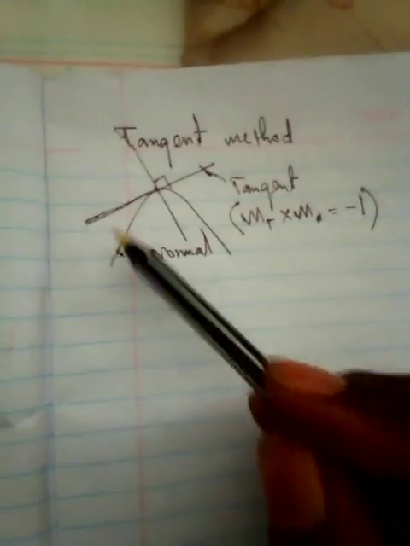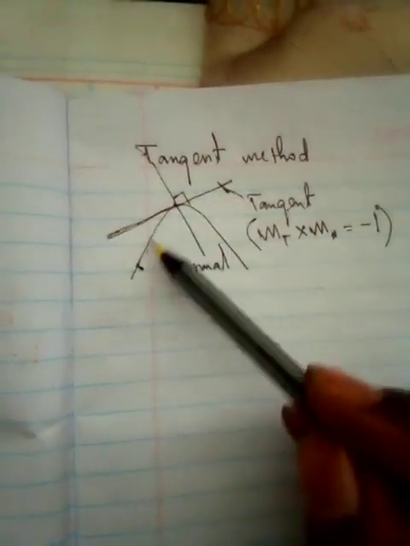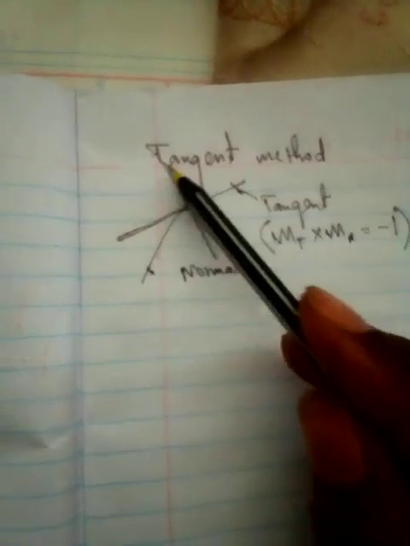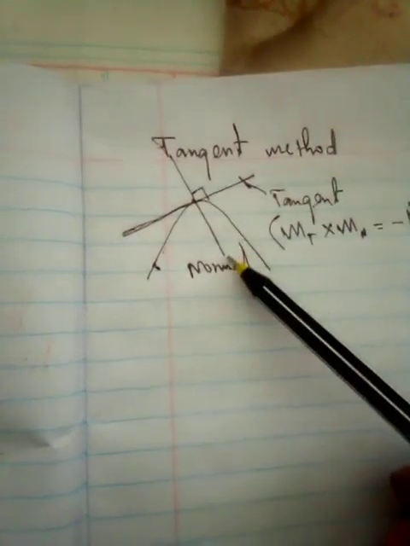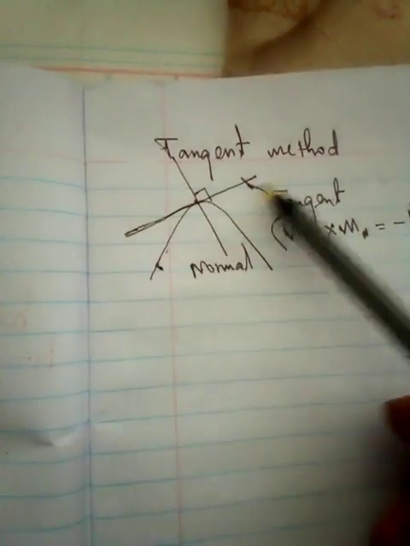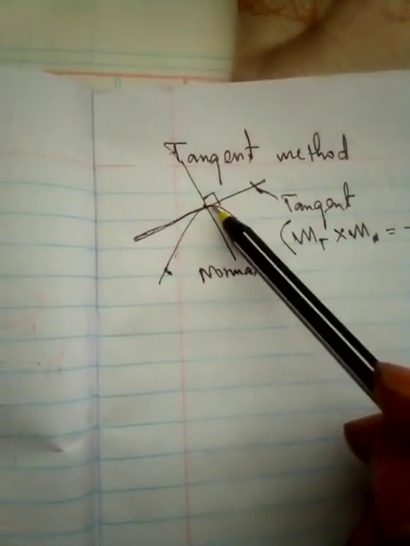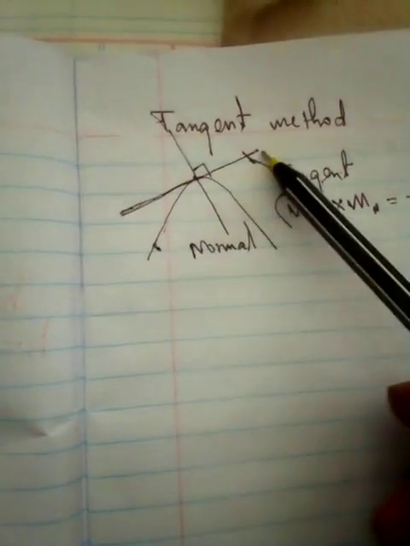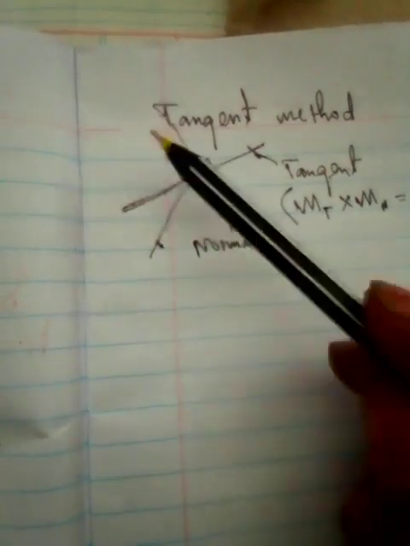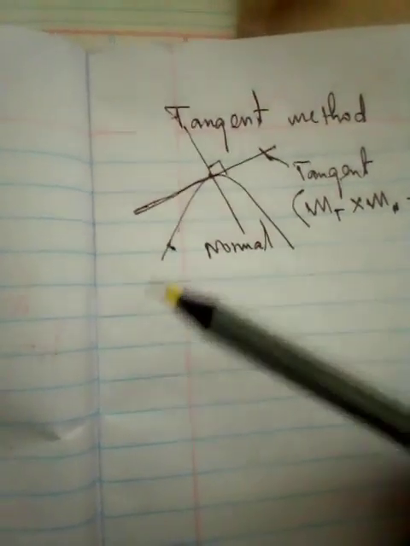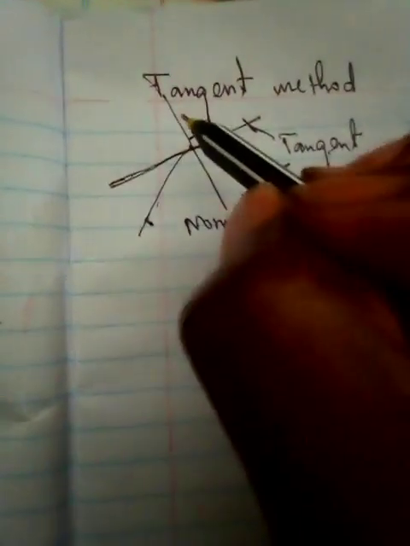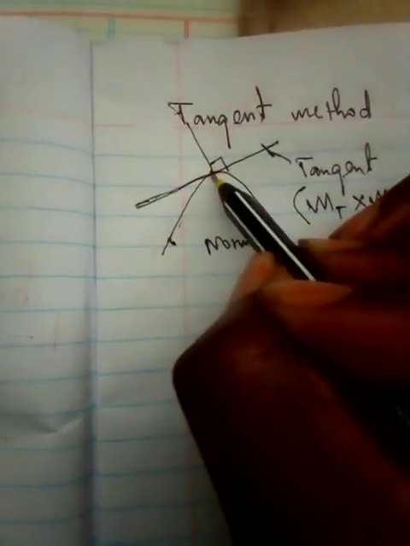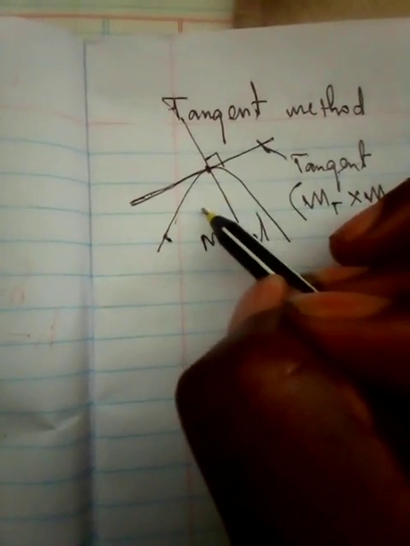Now again, I want you to see something. We said that the tangent is that line which meets the curve at one point only. The normal line is that line which we draw perpendicular to the tangent. They always form a 90 degrees angle with each other. This means that the gradient of the tangent and the gradient of the normal are never equal. However, the gradient of the tangent and the gradient of the curve at the point where they meet are always the same.